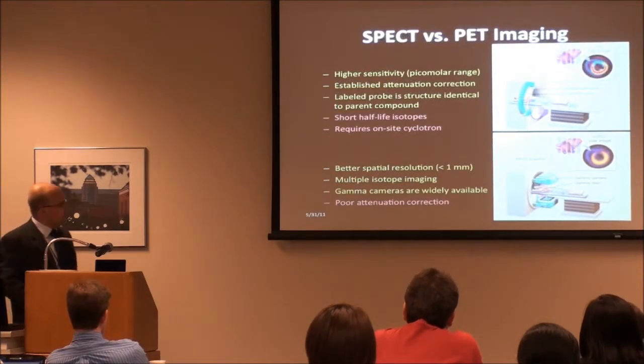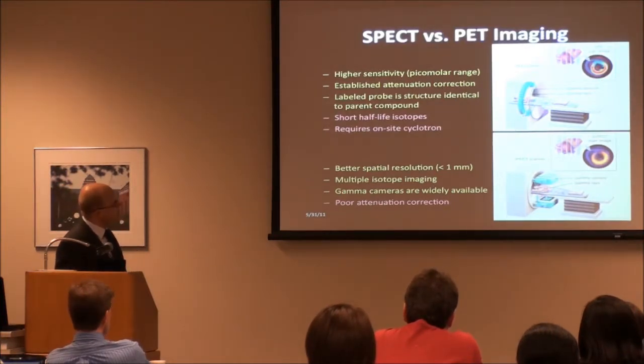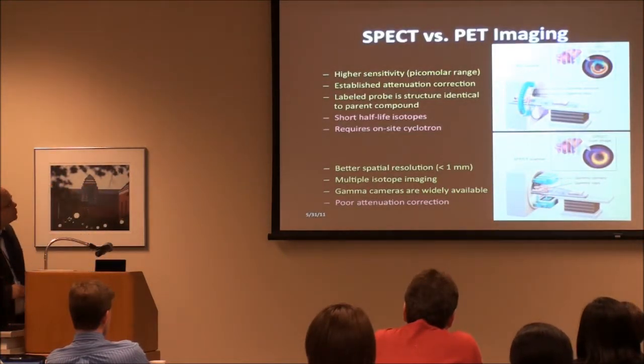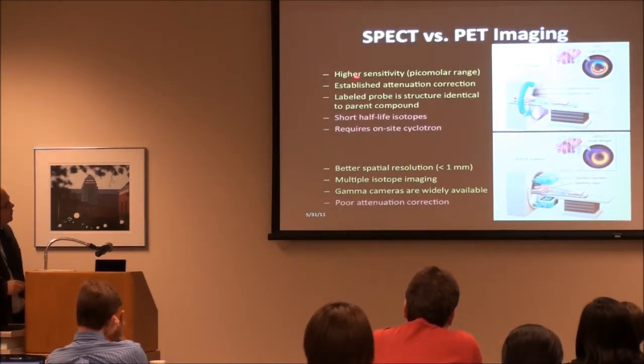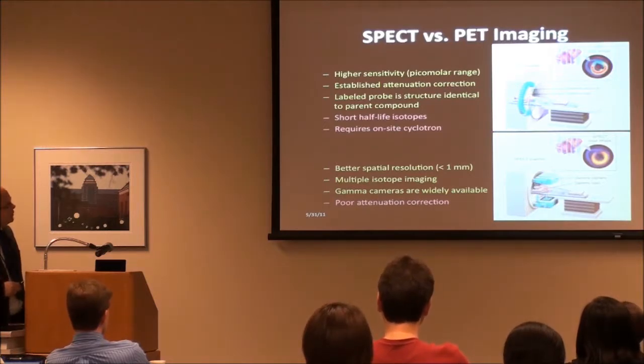And finally, there are nuclear techniques, which I'm using in my studies. They are SPECT and PET. SPECT stands for single photon emission computed tomography, and PET stands for positron emission tomography. They have very high sensitivity, both techniques in the picomolar range.